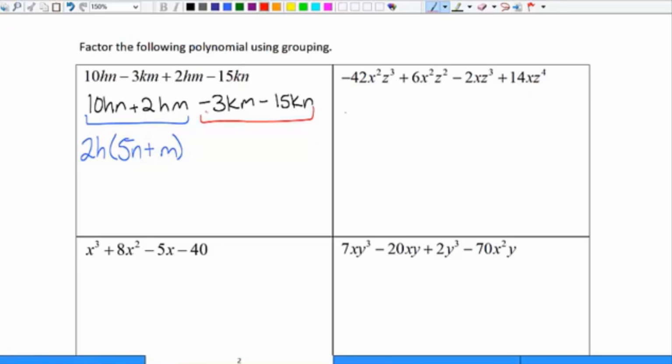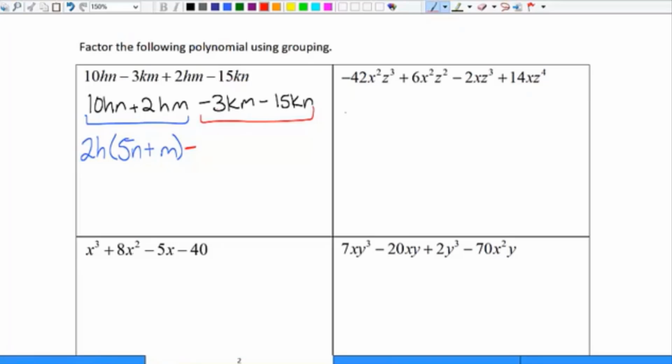Now let's look at the red group, the negative 3KM and a negative 15KN. I said anytime you have a negative in front of the polynomial, you want to factor out a negative. Well, that works for groups here as well. In the red group, the first term is negative, so I want you to factor out that negative sign.